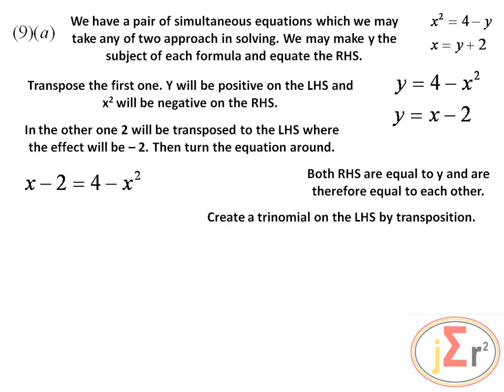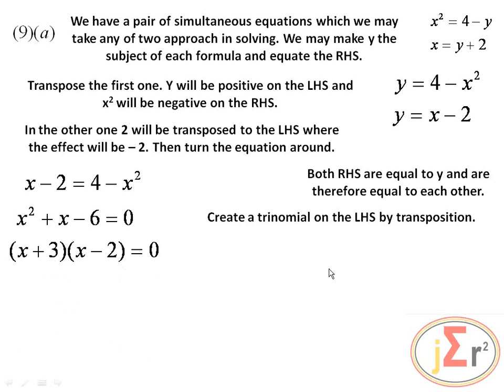Create a trinomial on the left hand side by transposition. So we have this negative x squared, this positive 4 minus 4. So negative 2 minus 4 is negative 6. This x will remain. So we have x squared plus x minus 6, and we need to determine which two numbers multiply to give negative 6, and when we add them the result is a positive 1.